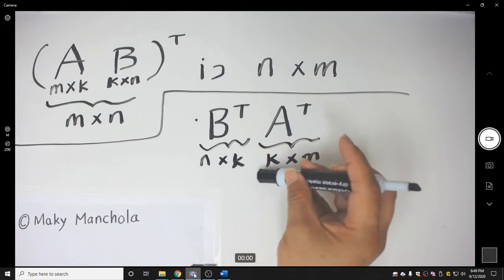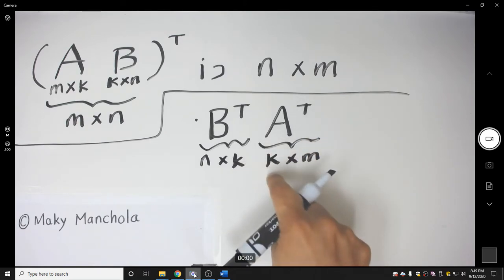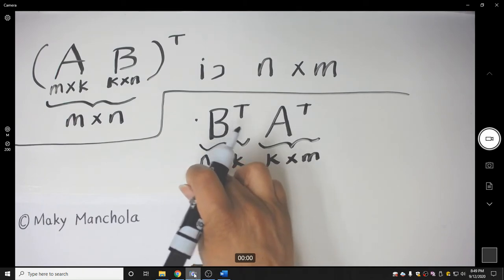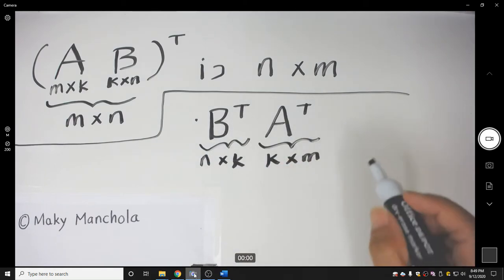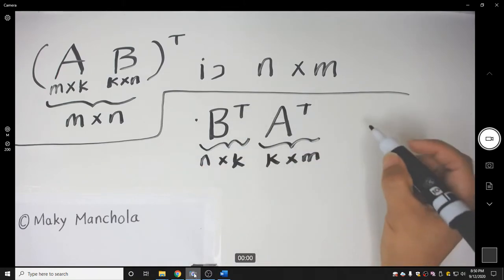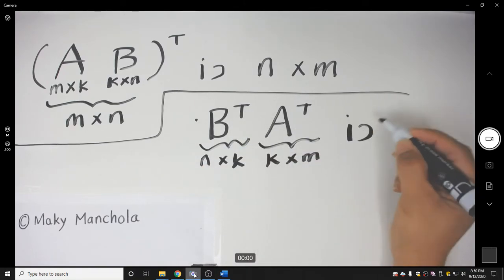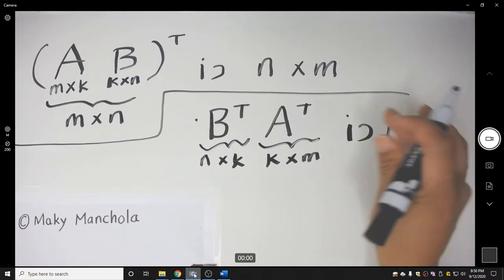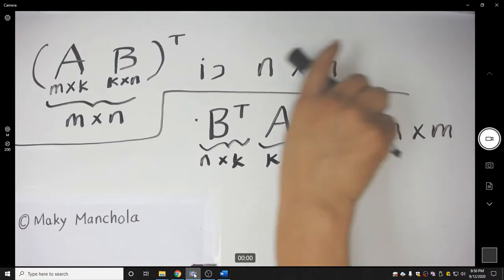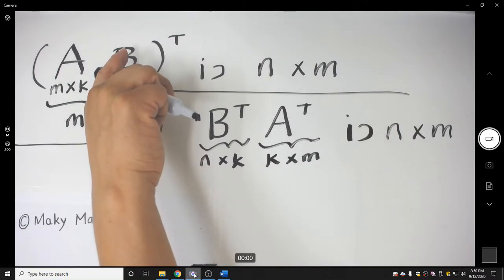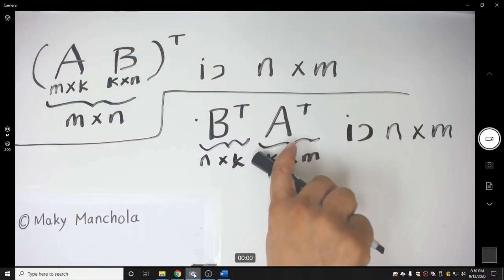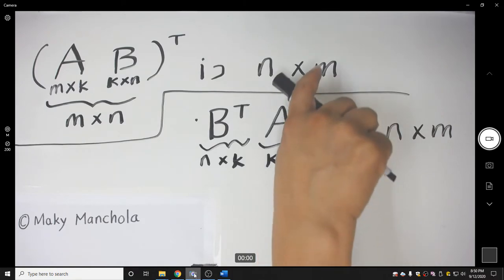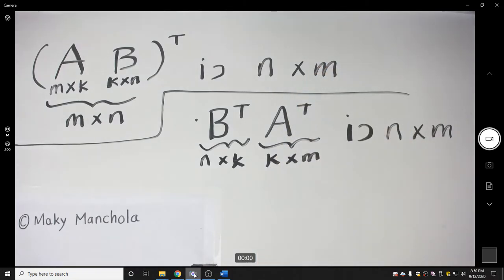The multiplication is defined because the inner dimensions are equal, and the result is N by M. Okay, so our first goal is complete. The left-hand side and the right-hand side of our intended equality have the same dimensions.